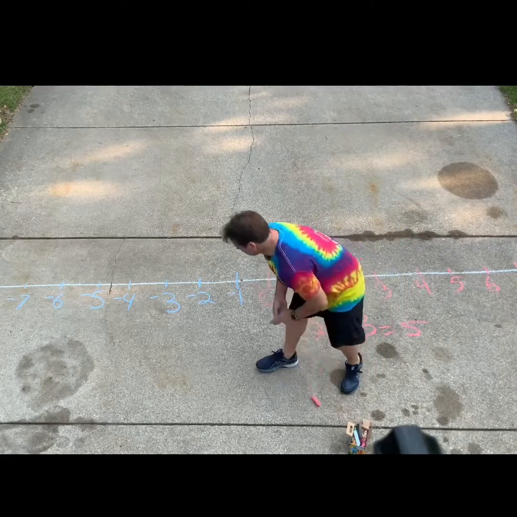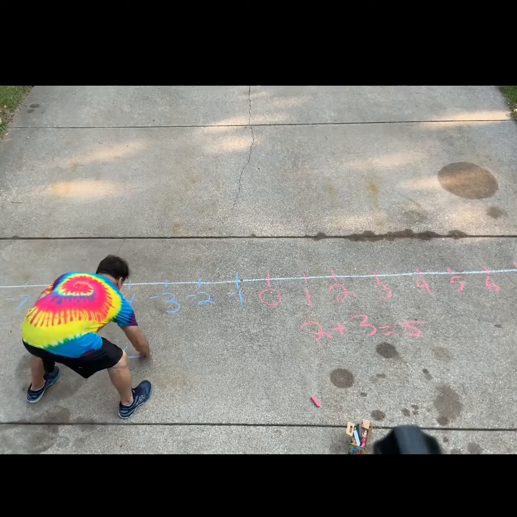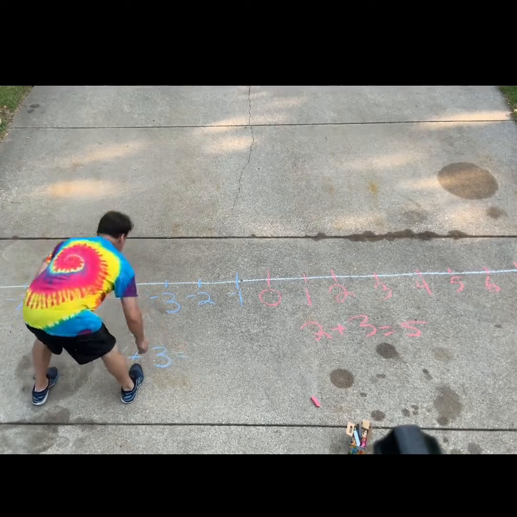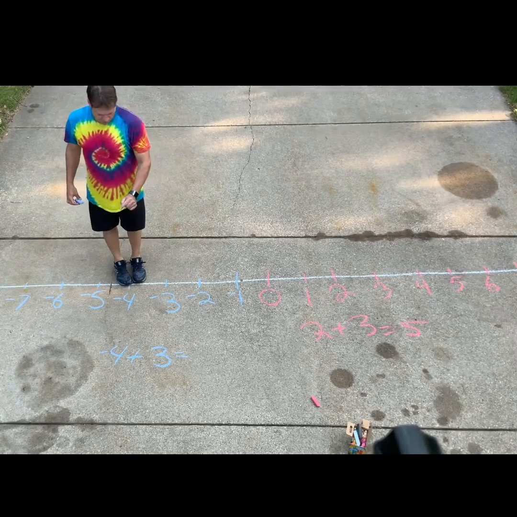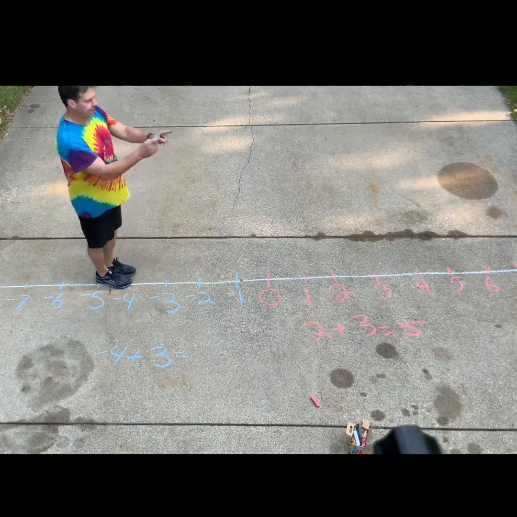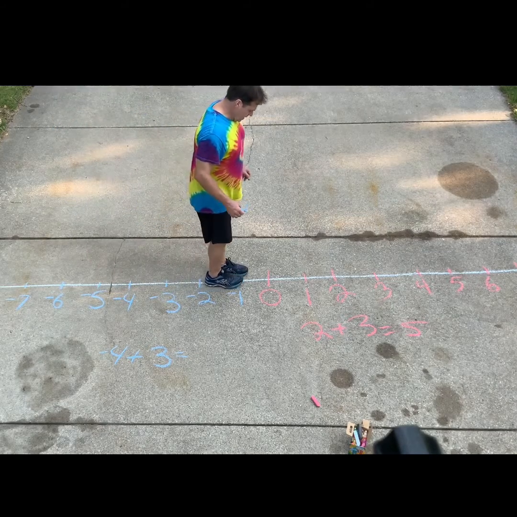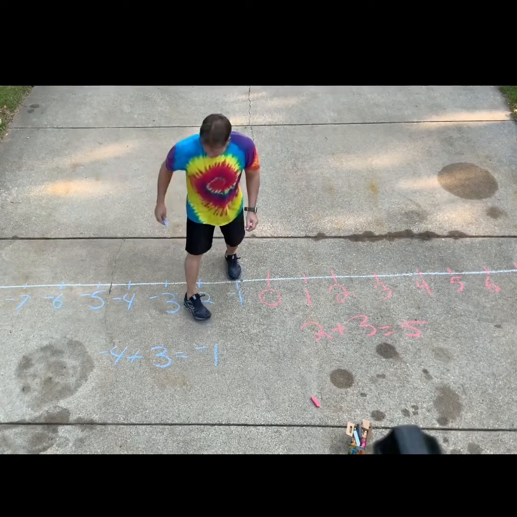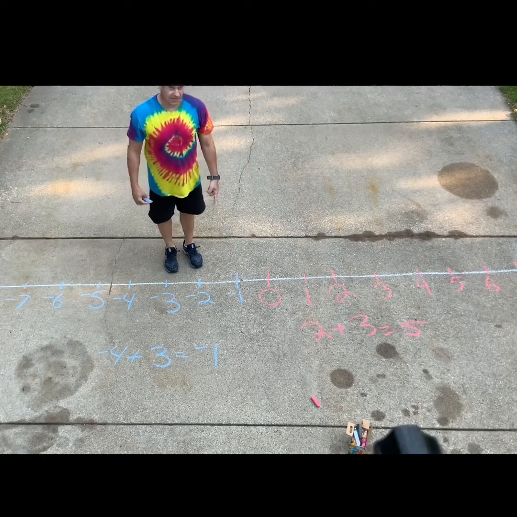But if I did negative 4 plus 3, what that means is I start at negative 4 and I'm going to move 3 in a positive direction. 1, 2, 3, and I'm going to end up at negative 1. So negative 4 plus 3 equals negative 1.